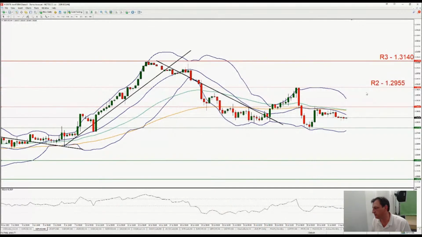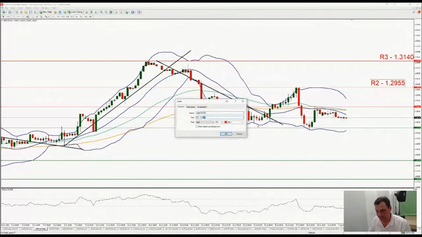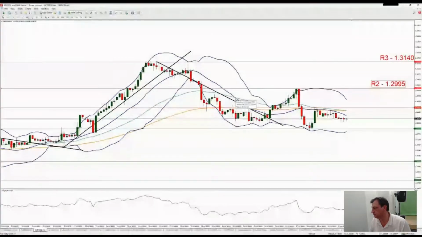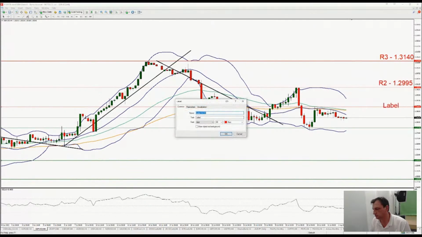Sorry, that would be 1.2995, 40 pips higher. First resistance line being placed at 1.2890.